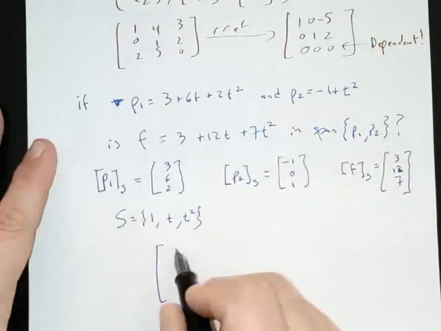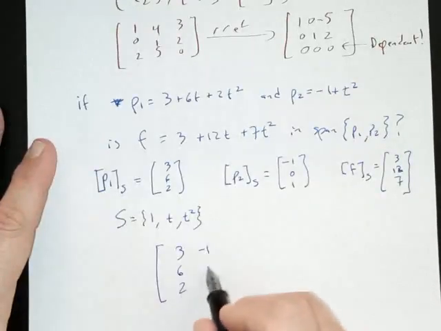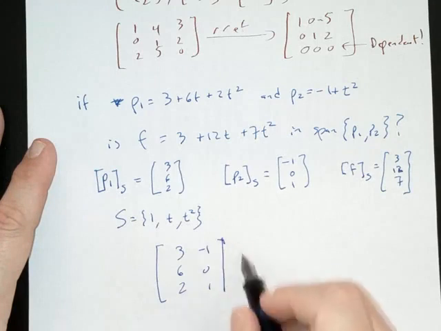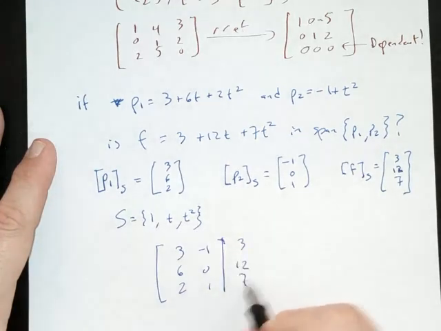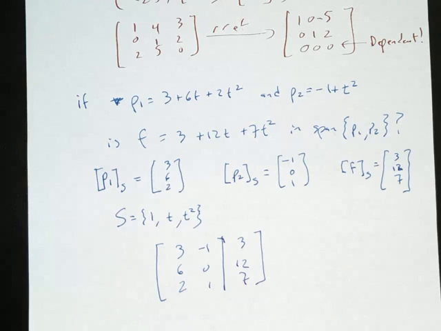Which means I want to know if that has solutions or not. Which once again comes down to doing the reduced row echelon form and telling me if you get a C1 and a C2.